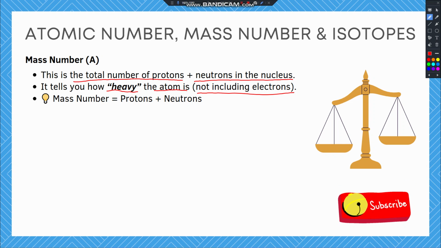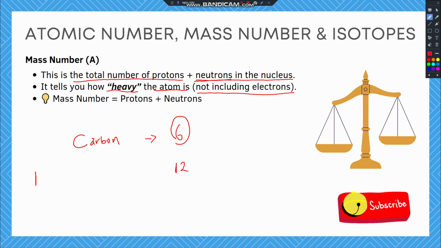For example, let's say we have the element carbon, which has the atomic number 6 and a mass number of 12. Find the number of neutrons present in the nucleus.